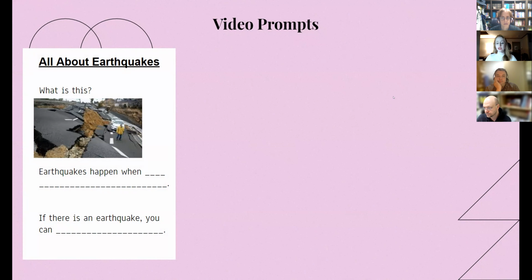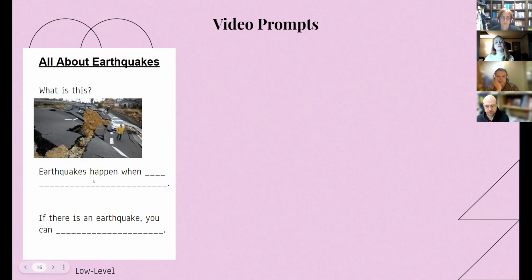For my really low-level students, I can give them a paper that looks like this. And there's a picture. For my low-level students, I want them to say, it's earthquake, this earthquake, earthquake. I just want them to know a vocabulary term. And if they can give me something resembling a sentence, all the better.